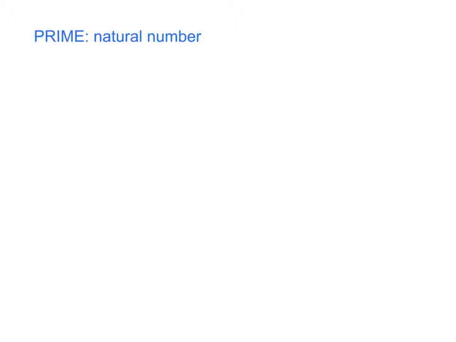Prime numbers are natural numbers that are divisible by exactly, this is important, exactly two natural numbers.